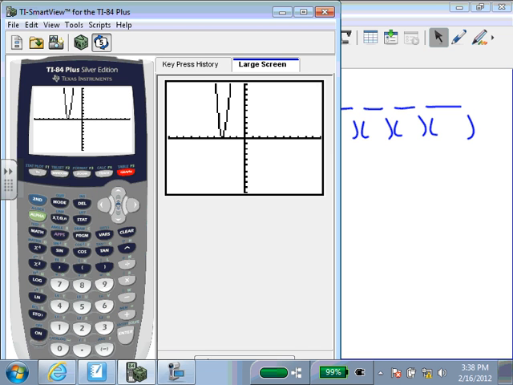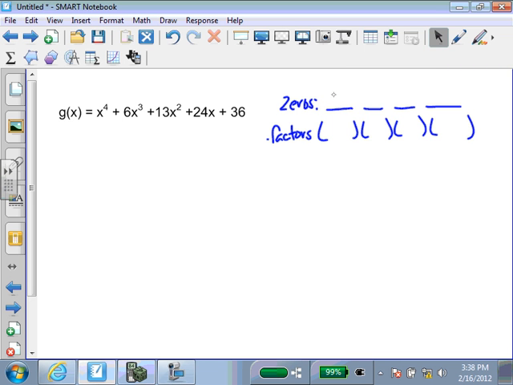Okay, so what I'm seeing here is what looks like a parabola near negative 3. So based on the fact that the polynomial looks like a parabola at negative 3, I'm going to assume that 2 of the zeros are at negative 3. And I'm going to do synthetic division to confirm that.